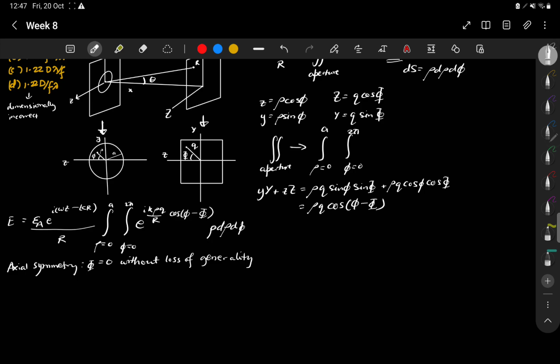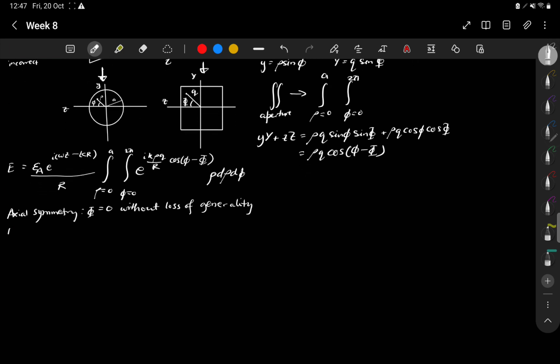Okay, so let us now proceed. From special functions, we know that the Bessel function of first kind is given as follows.